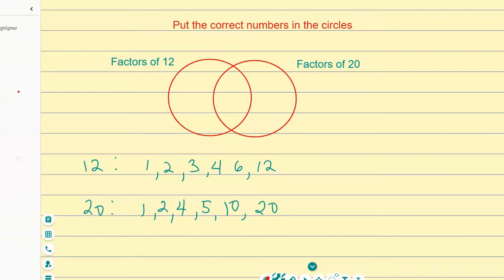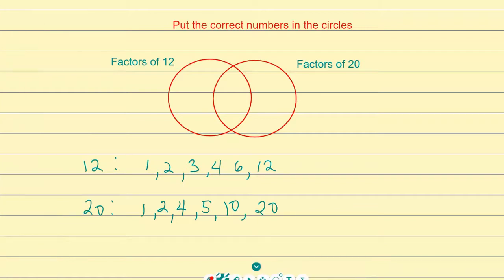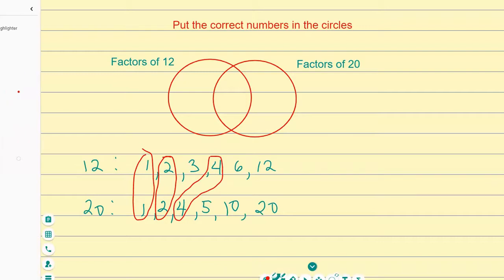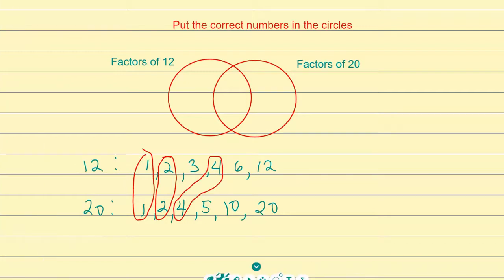So now what we're going to do is find which is common to both numbers. 1 is common, so we're going to encircle that one. 2 is also common. 3 isn't, but 4 is. So we're going to put those numbers in the intersection of the two sets: 1, then 2, and then 4.